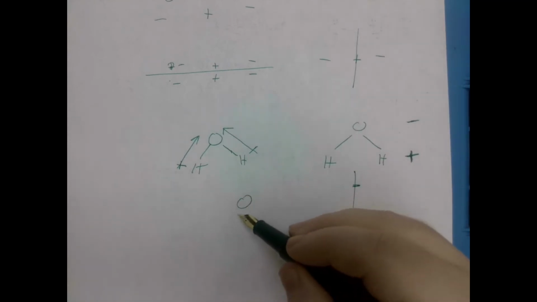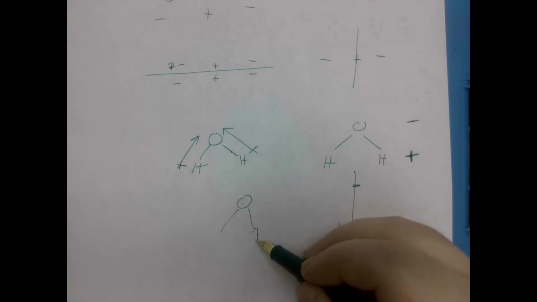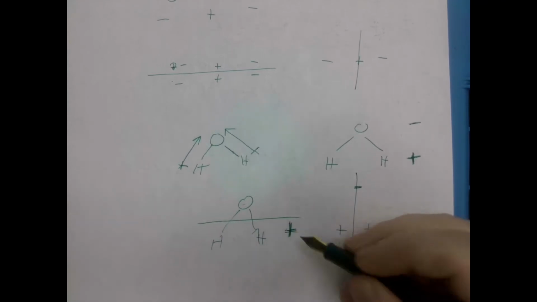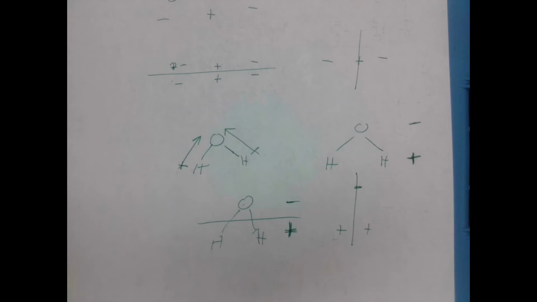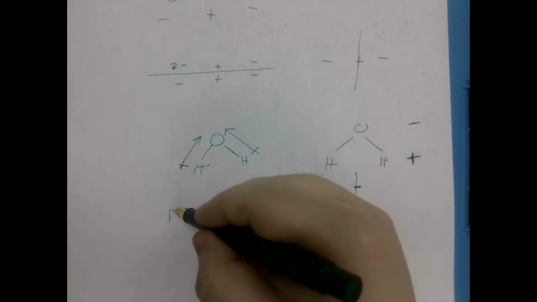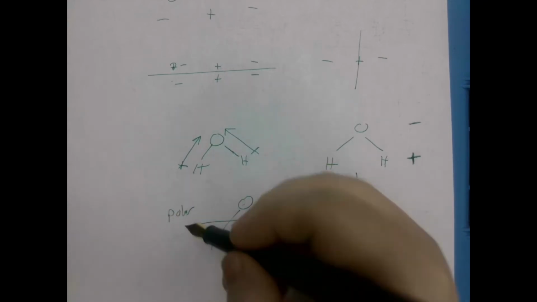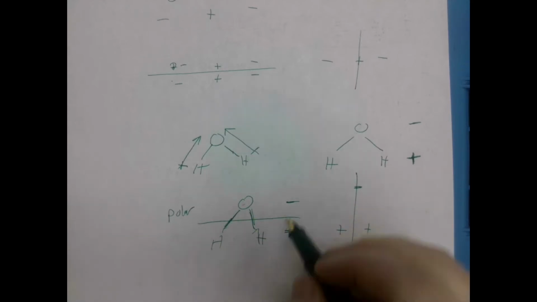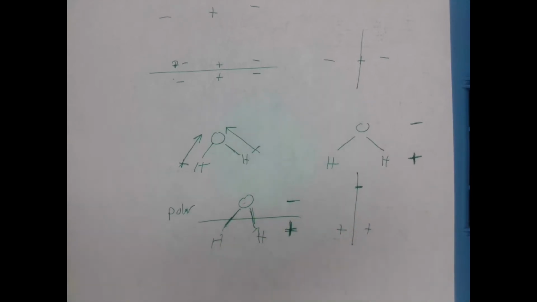However, if I cut it along this side, I clearly have a positive side and I have a negative side. So this is polar, has polar bonds. This is a polar bond, and it has polar shape. You can cut it in half in a certain direction, and you see opposite sides on both of them.